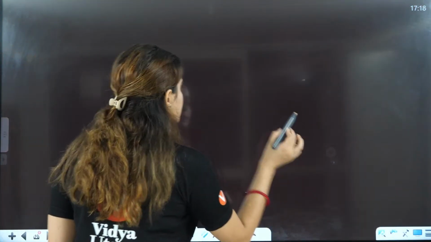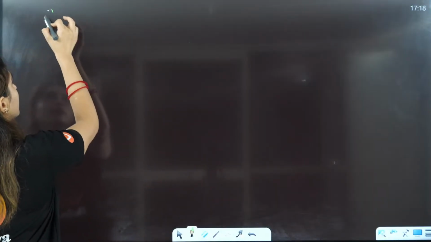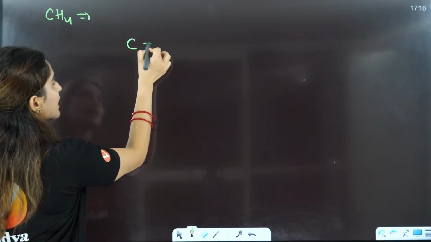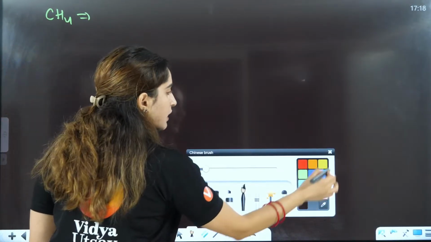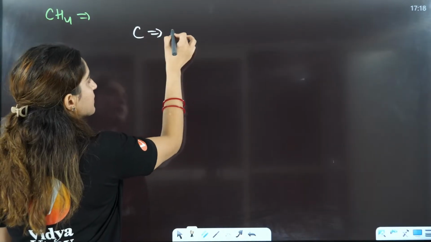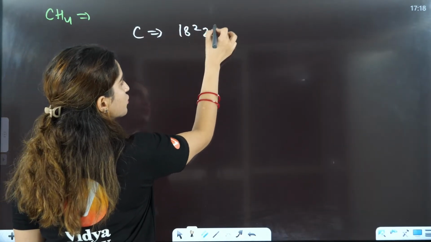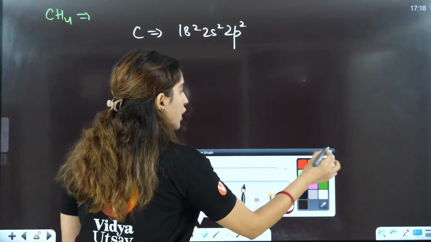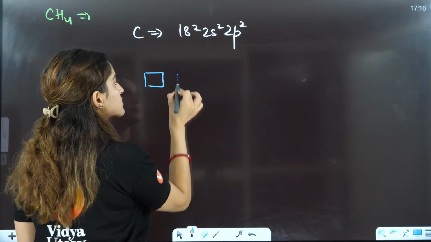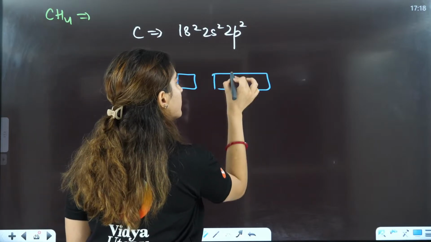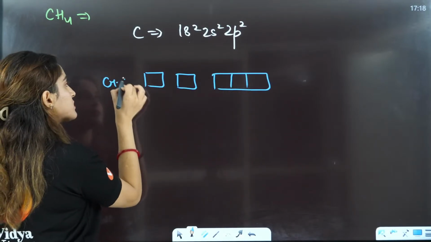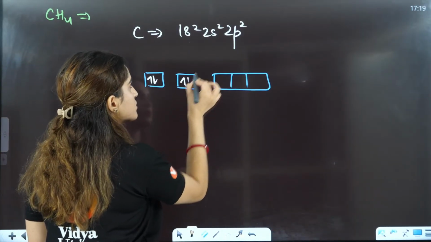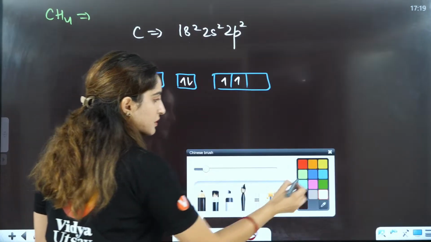The simple thing is, if you talk about the CH4 molecule, you have carbon, which is atomic number 6, that is 1s2, 2s2, 2p2. Now if you see this here, this is 1s, this is 2s, this is 2p. In the ground state it is 1s2, 2s2 and this is 2p.